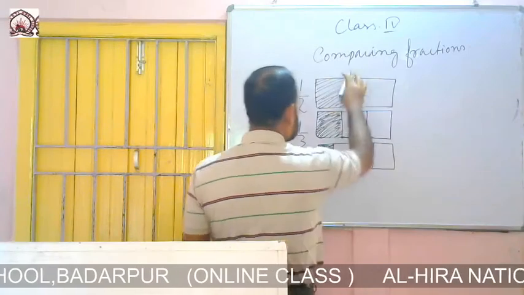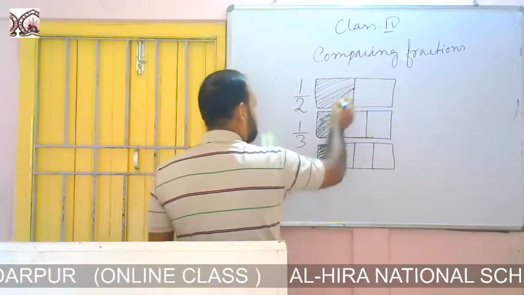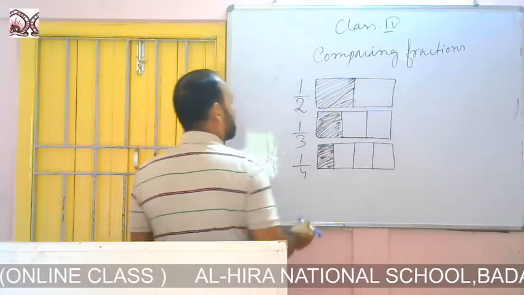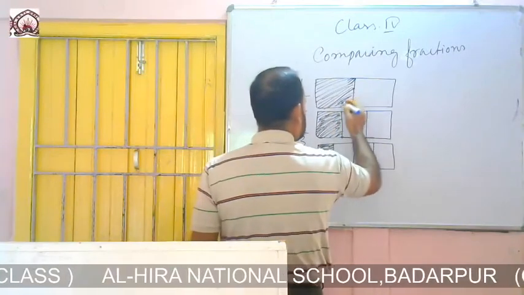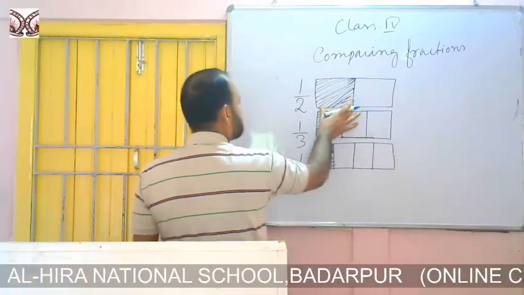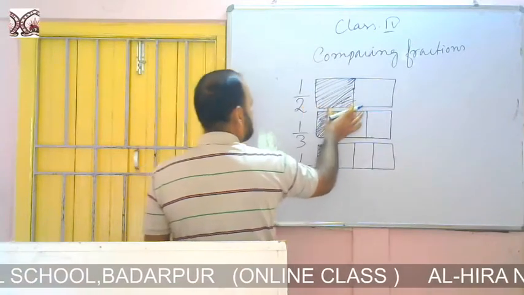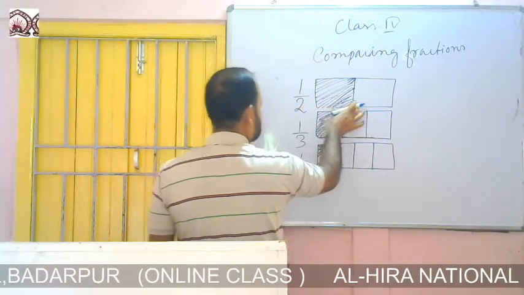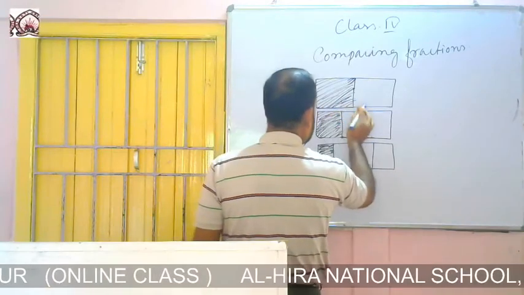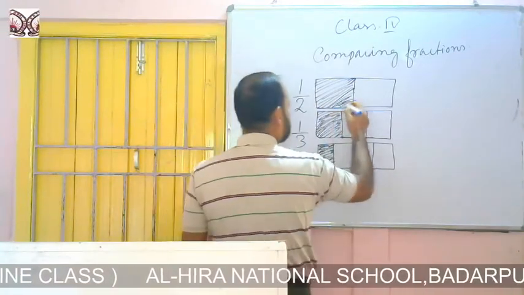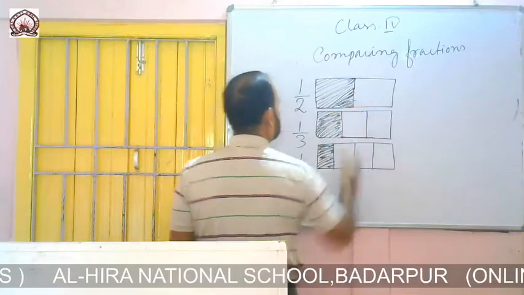So looking at these 3 rectangles, we notice that 1 by 2 is the greatest, or bigger.